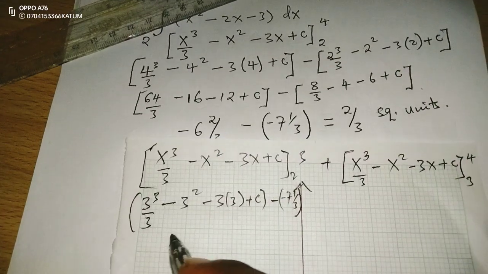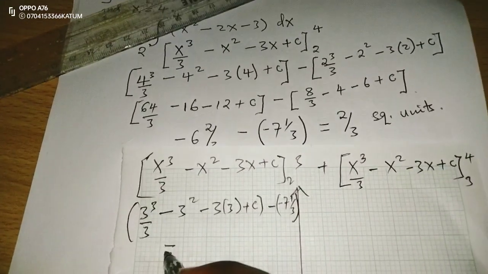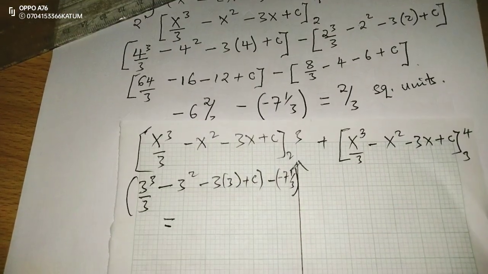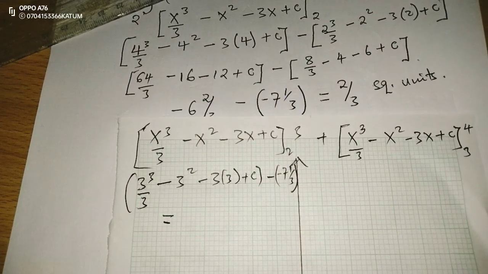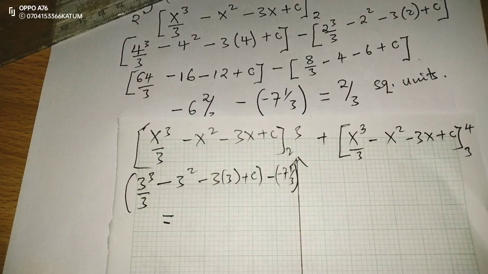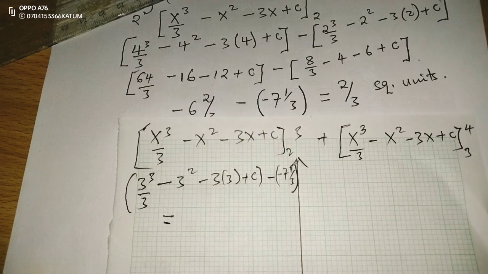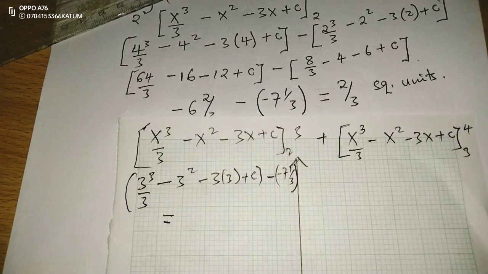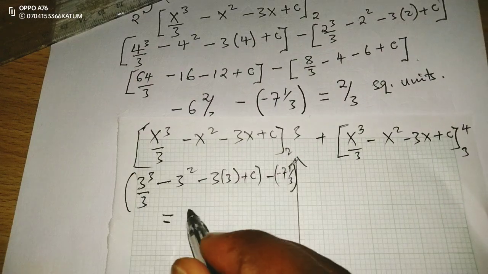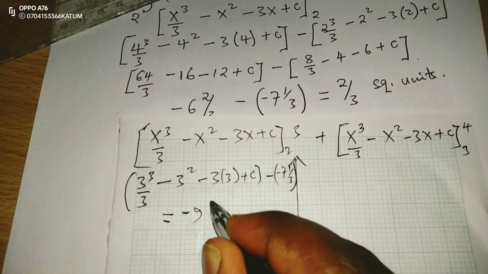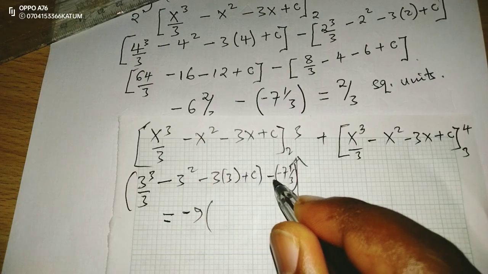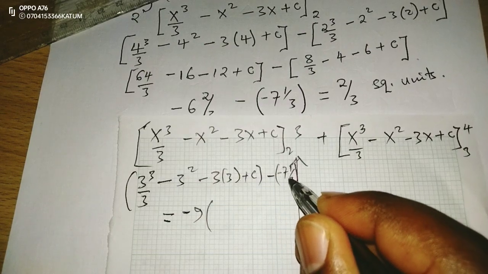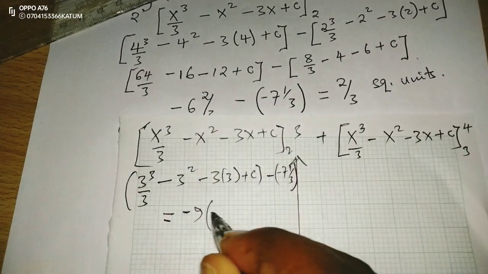So now let's see the area we will get within this one. We will have 27 over 3 minus 9 minus 9 again. This is going to give us -9. Then minus 7 and a third, which is also negative. It becomes a plus.